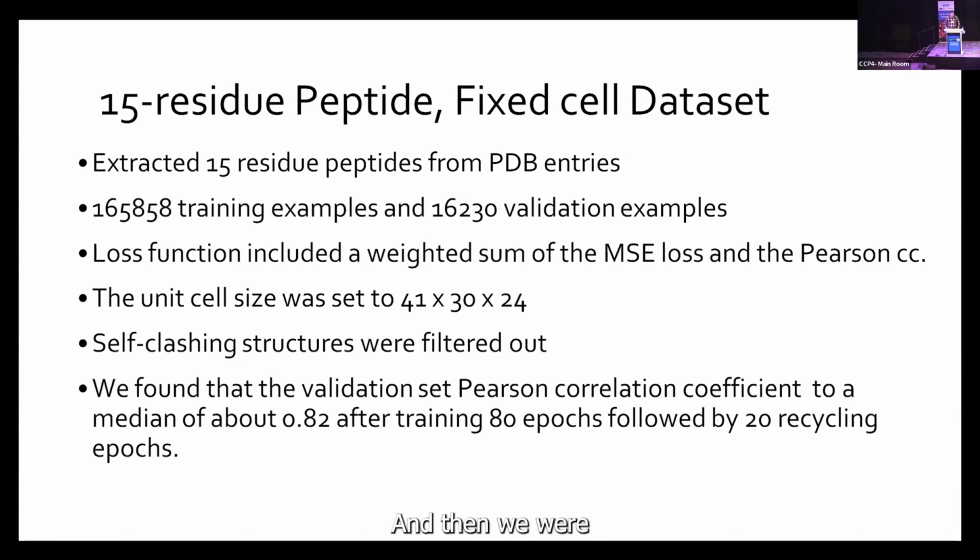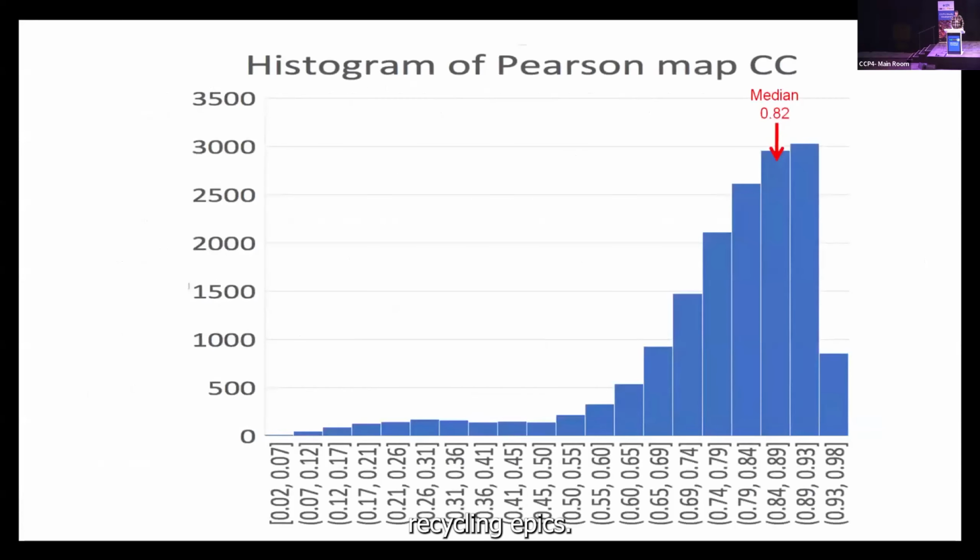Initially, for the 15-mer, we put in a fixed unit cell, and threw out clash cases where they didn't pack and there was overlap, and we could get a Pearson correlation around 0.82 after about 80 epochs and 20 recycling epochs.